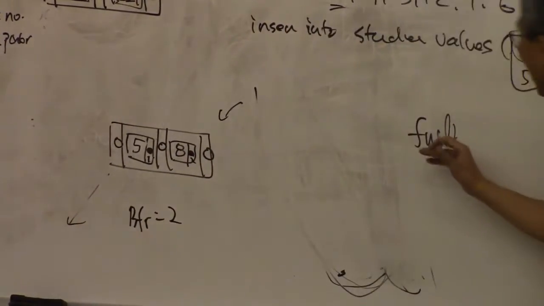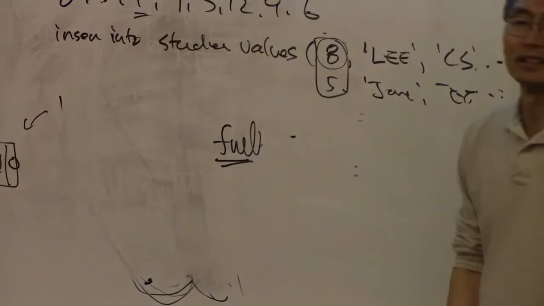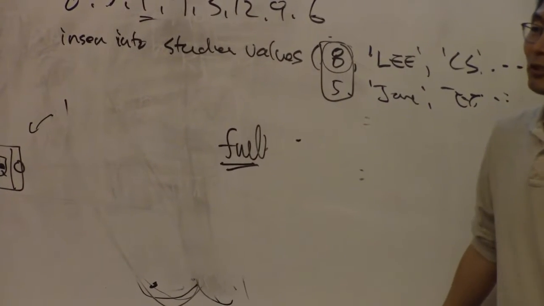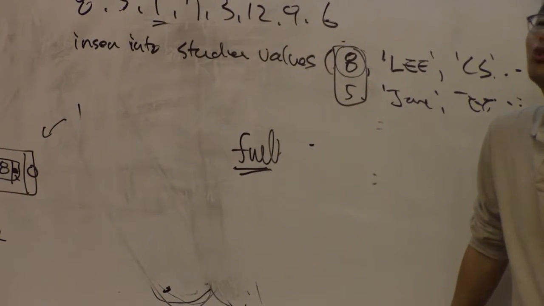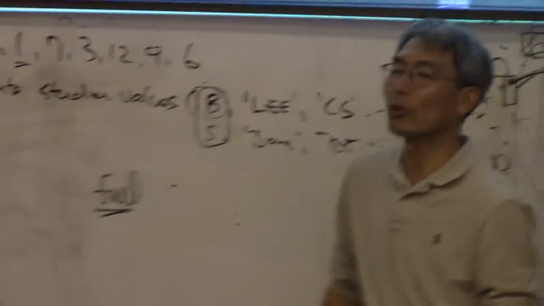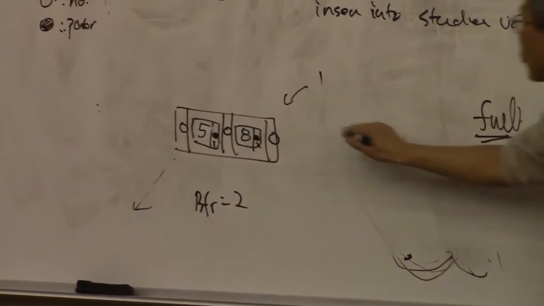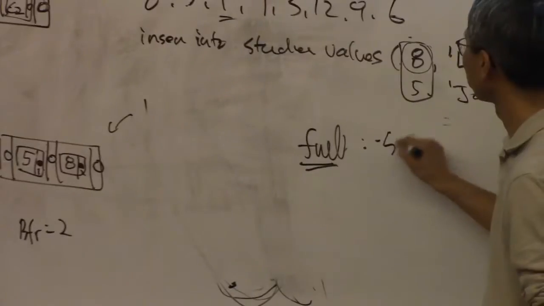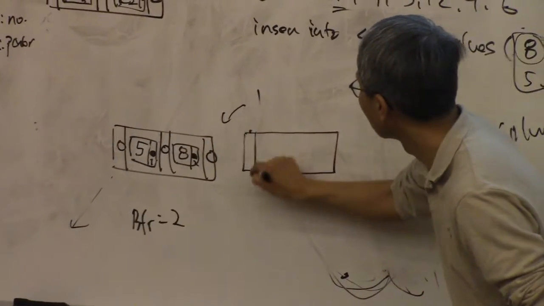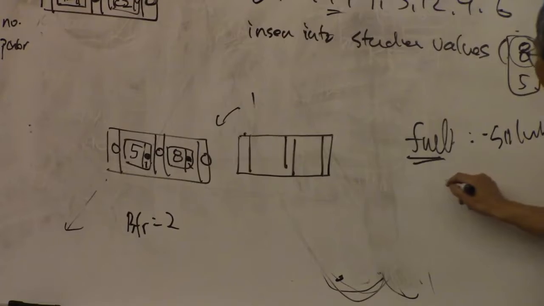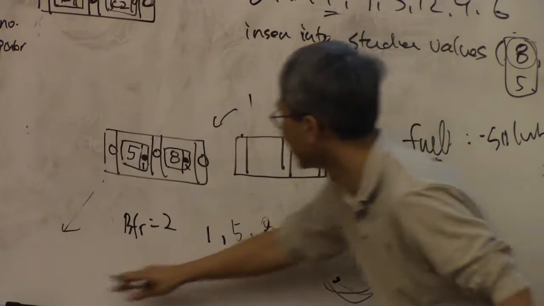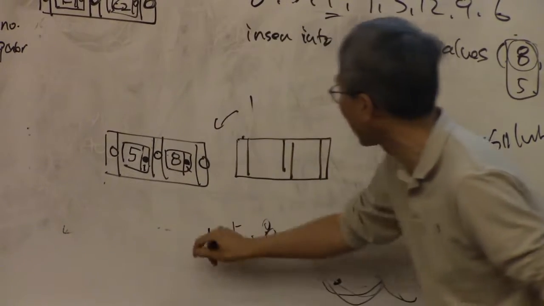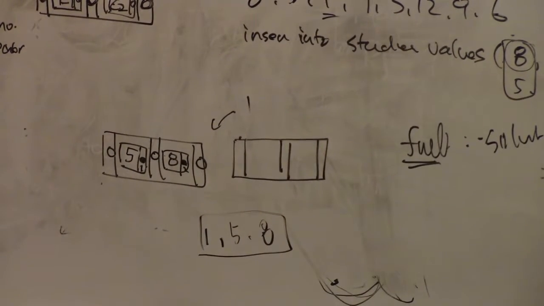Then in case of full, what will be the solution? A new one? New one to where? Bottom? No. We are going to split. We have 3 of them, 1, 5, 8, and split.